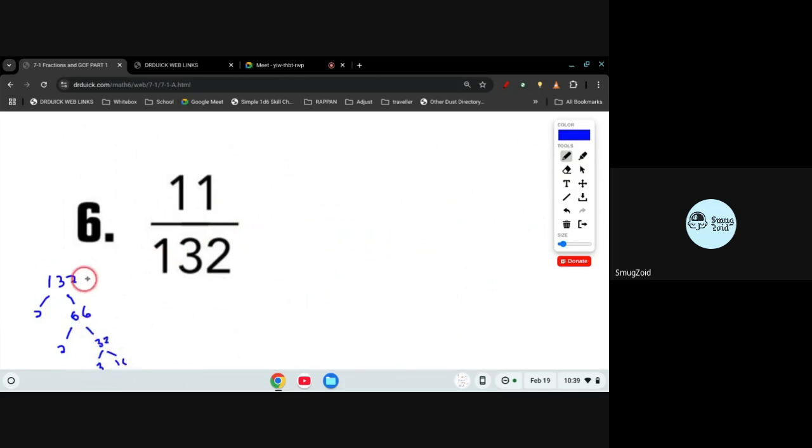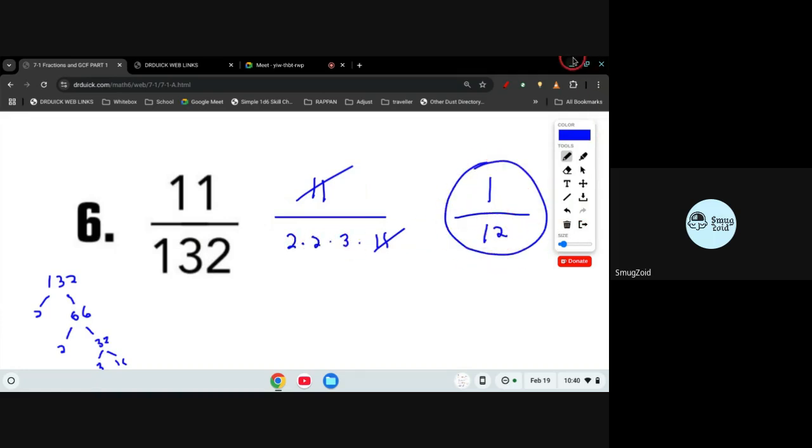So I do my factor tree on the side. The rest of this gets easy. Now I can see I can take that 11 out. I have a factor of an 11 on top. On the bottom, I have 2 times 2 times 3 times 11. My 11's cross out. If I don't have anything on top, I just put a 1. 2 times 2 is 4. 4 times 3 is 12. And that would be your answer, right?